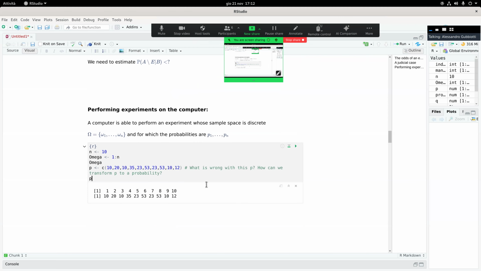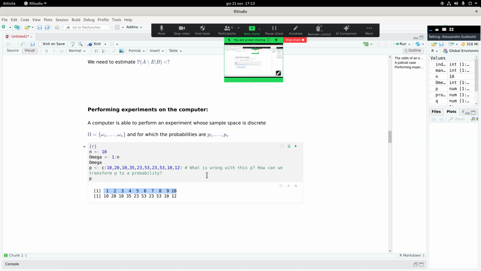Do you have any ideas? This p represents the probabilities of the elementary events, and I want to build this computer so that it will be able to generate an elementary event between these 10: 1, 2, 3.